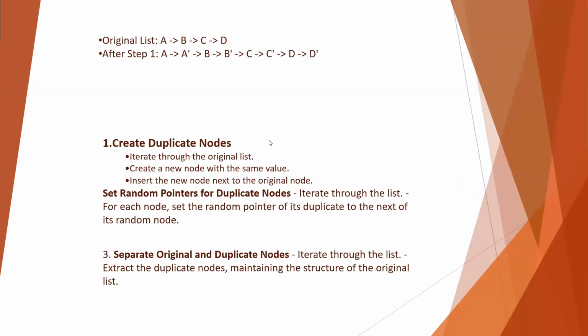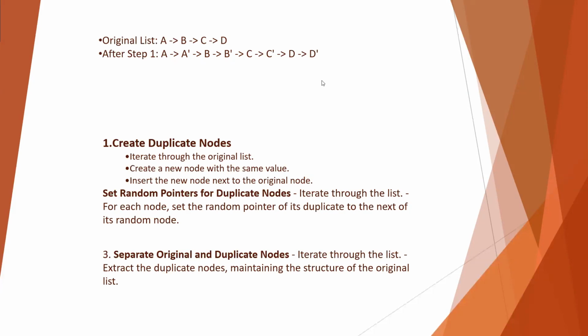Now, first step, what we can do is generate a linked list like this. We have the original list, and we will use the next pointers to generate dummy nodes A', B', which will be a copy of A, B' a copy of B, C' a copy of C, and so on, and arrange them in this manner. Now, why are we doing that?